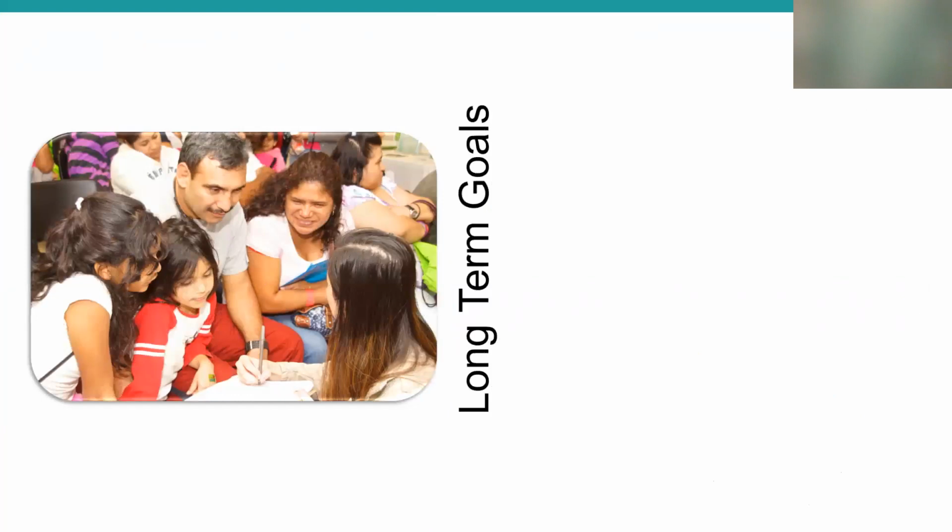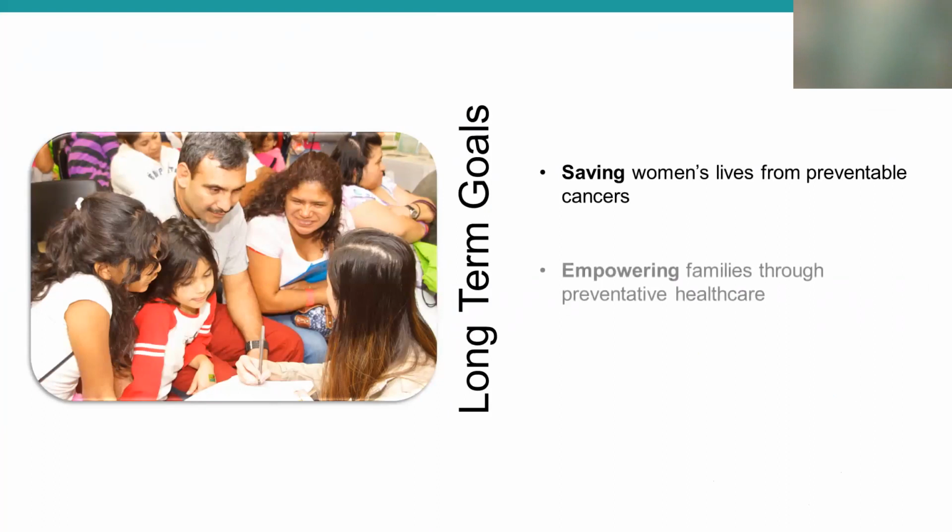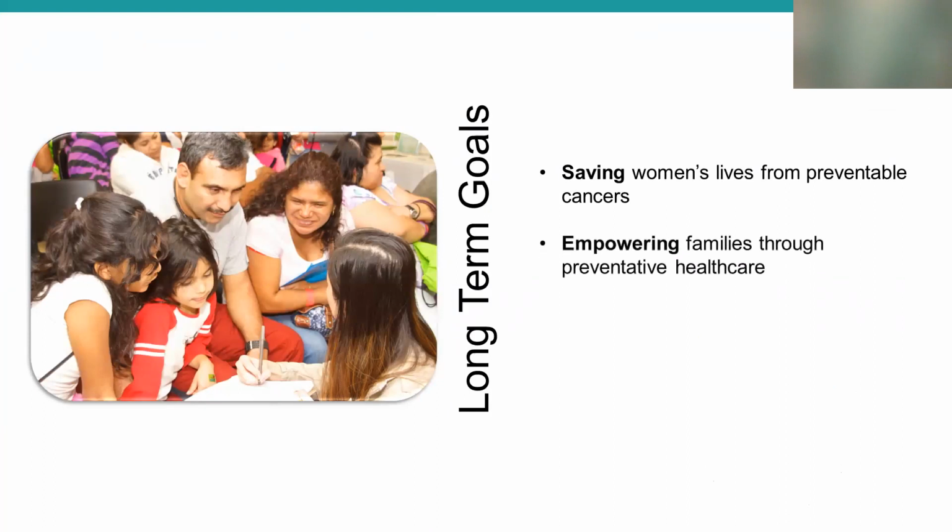The long-term goals of the program are saving women's lives from preventable cancers by engaging the patient and her family in their personal health care, empowering families through preventative health care by getting them enrolled, established as a clinic patient, along with participating in a clinic for ongoing care, connecting communities with healthcare providers by promoting partnerships and collaboration between the healthcare team alongside patient engagement.